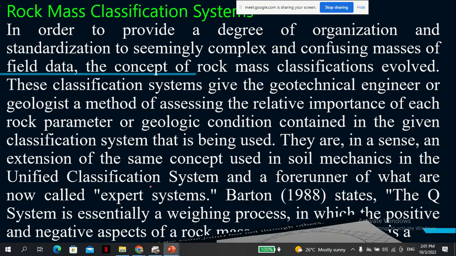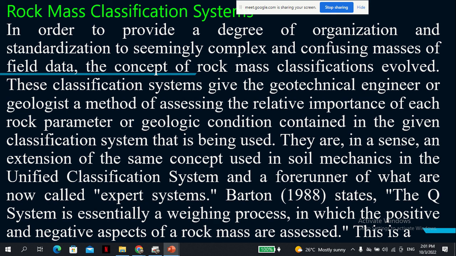Now, how can we classify rock? In order to provide a degree of organization and standardization to seemingly complex and confusing masses of field data, the concept of rock mass classification evolved.